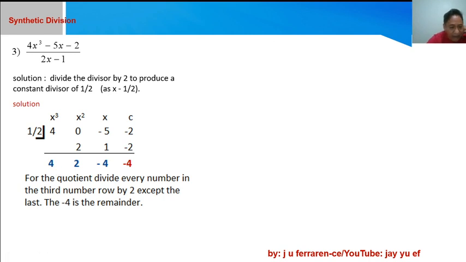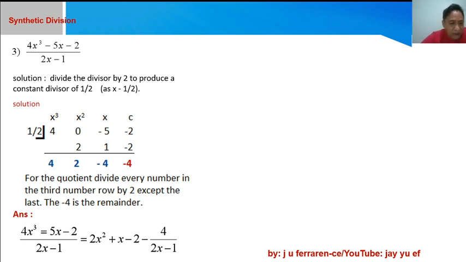Okay? So this is now how you present your answer. So you can have 2. 2 is a result when we divide 4 by 2 because we have a coefficient of 2 in our first degree expression, the divisor. So we have 2x squared, we have 1 x term, and you have minus 2 after you divide by 2, so that is your constant term.